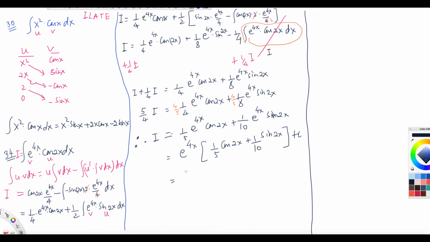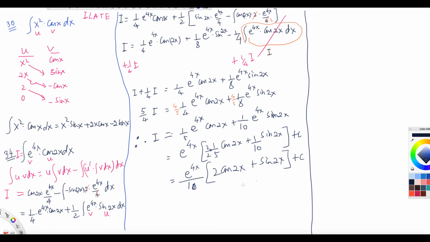You can write e to the 4x over 10. If you make the 10 on the bottom, what do you need? You need to multiply by 2, right? Here, you see that? If you do that, then you will get 2 cosine 2x plus sine 2x, and then plus c. That's what you get. 2 cosine 2x plus sine 2x plus c.